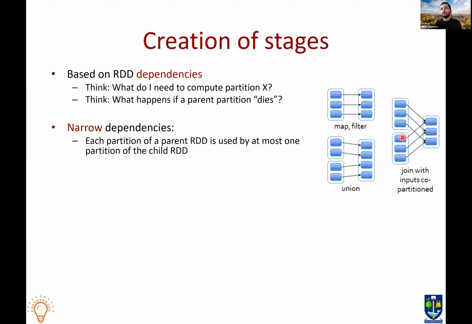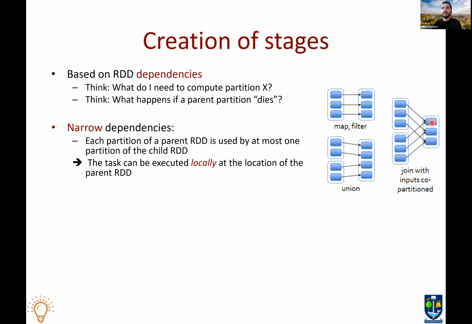So when we want to create a partition of the output of this join, we need to get only this partition and that partition, those partitions that have the same set of keys to be joined. So this is again a narrow dependency, because every partition at the parent feeds only one partition at the child.